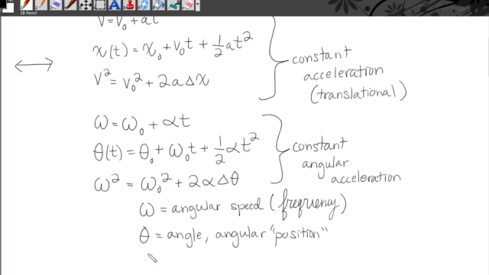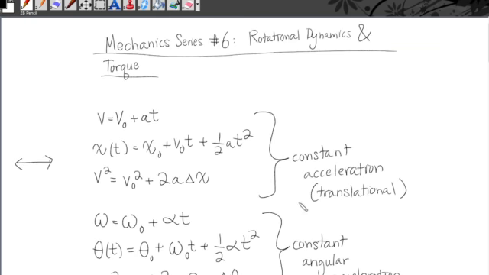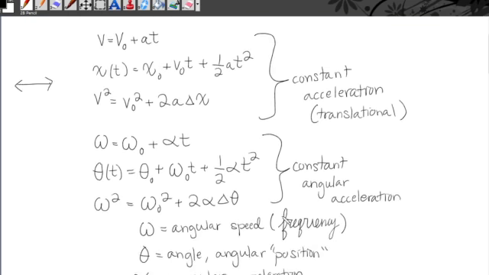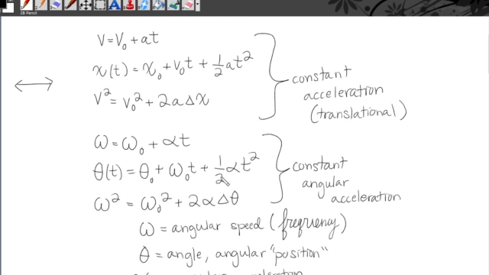And lastly, we have alpha, which is angular acceleration. So basically, these are the three kinematic equations for translational motion, and this is the rotational equivalent. That's interesting to note.